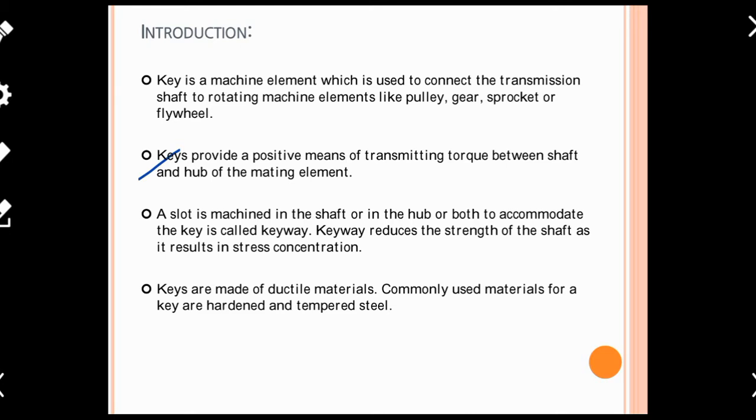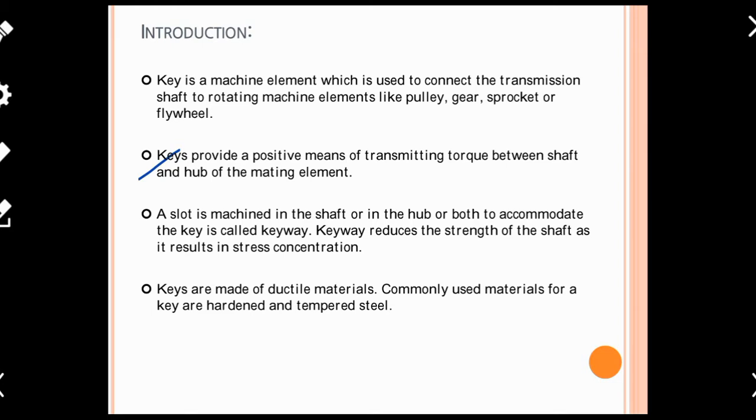But there is a little difference as compared to that bike example. In the case of a key, there are two slots or grooves provided. One is on the outer surface of the transmission shaft, and one similar slot or groove is provided on the hub of the rotating member.